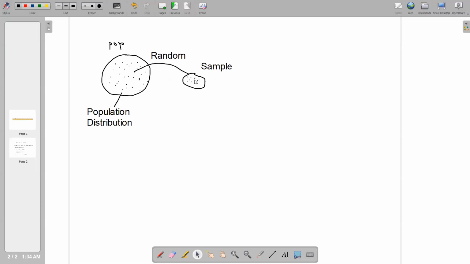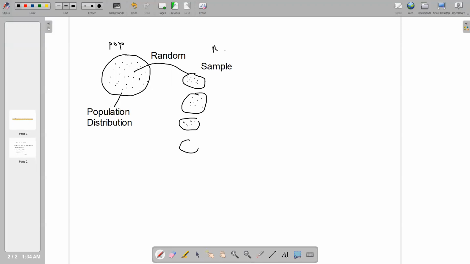So then when you randomly select the sample, how many different possible samples can you have if you have a fixed sample size n? You're going to have many, right? So you could have many, many different samples if you randomly select, right?